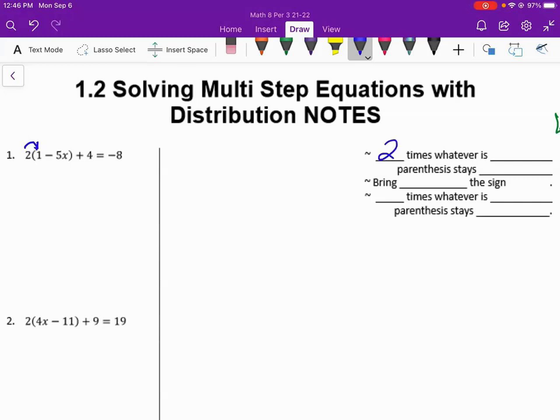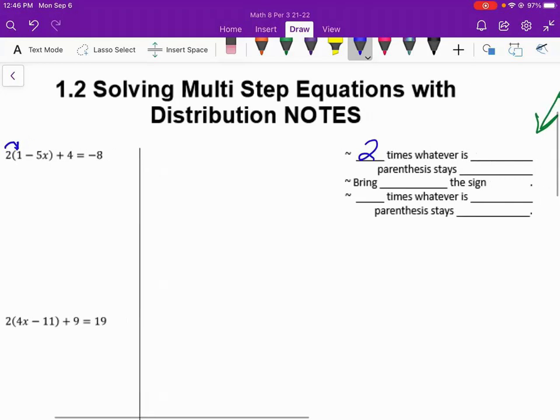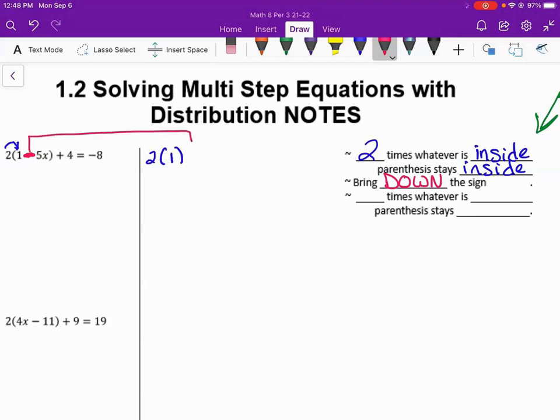So this guy, we have 2 times whatever is inside parentheses stays inside. So that looks like this. We have 2 times whatever's inside parentheses stays inside. Bring down the sign. Now that means this sign, and generally we're working down.